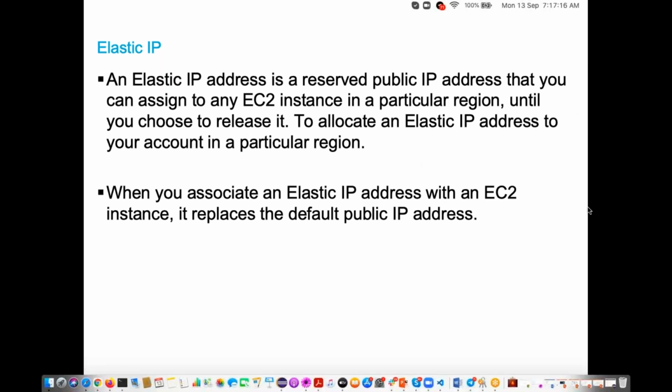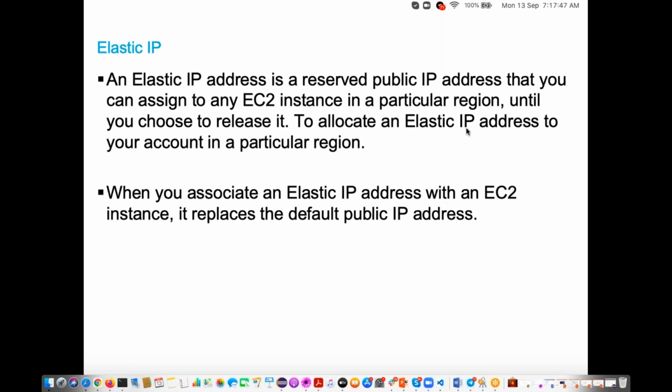Every time you restart, the public IP address changes, and we have to change it in the pom.xml if it is a Nexus or SonarQube server. But in real time, we use the elastic IP. Elastic IP is a reserved public IP address that you can assign to any EC2 instance in a particular region until you choose to release it.